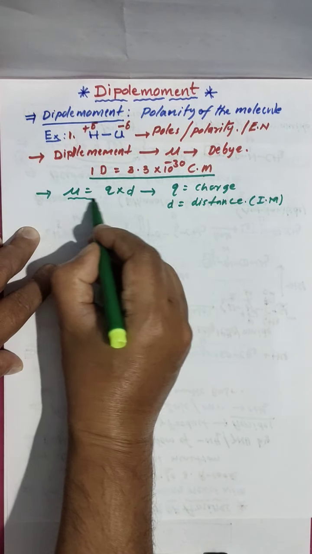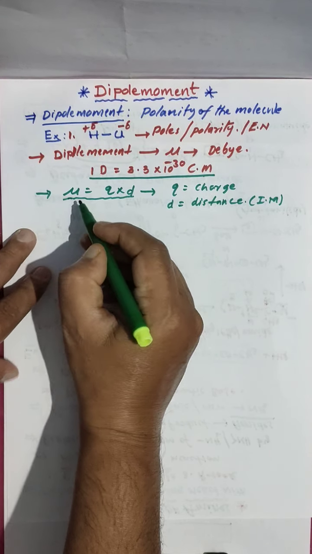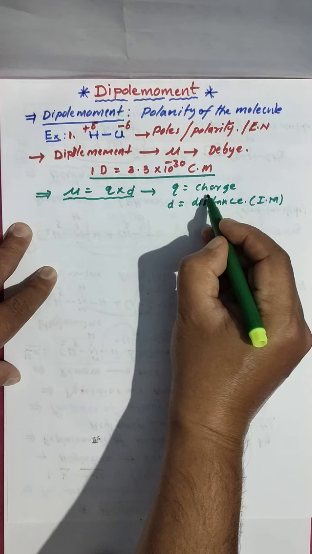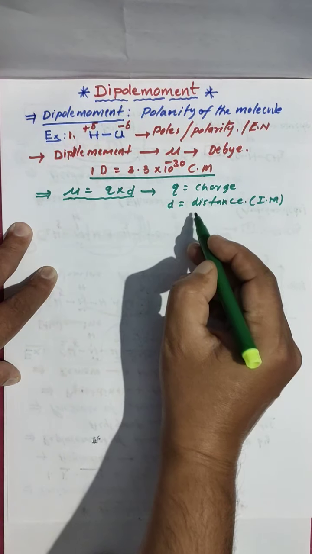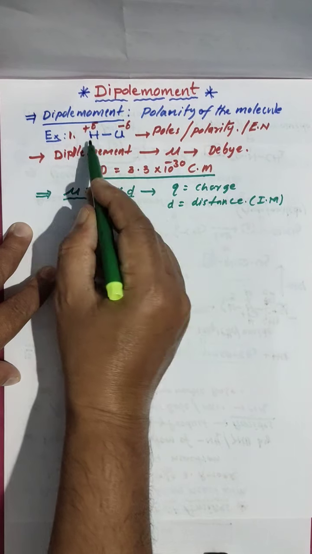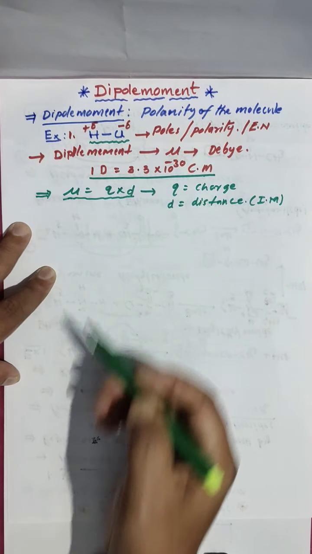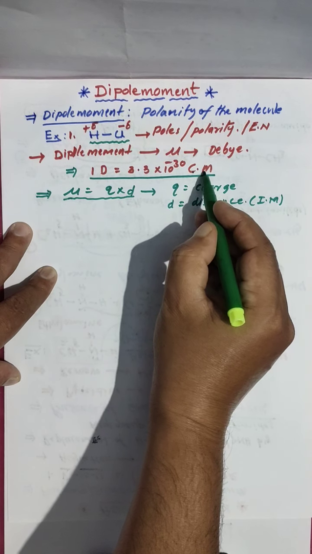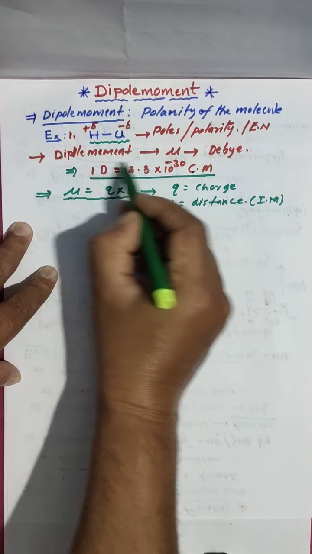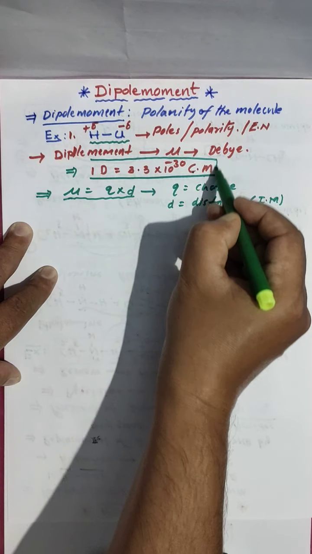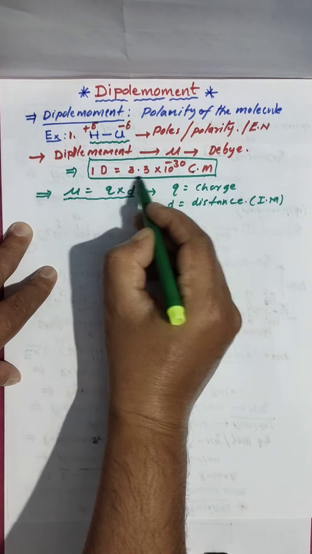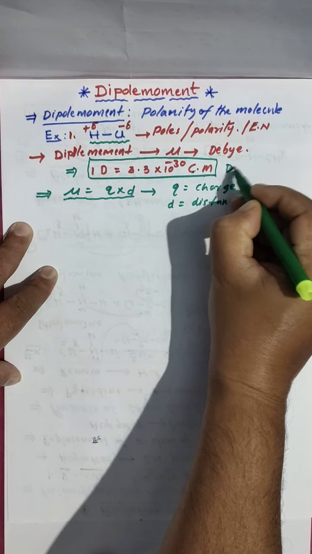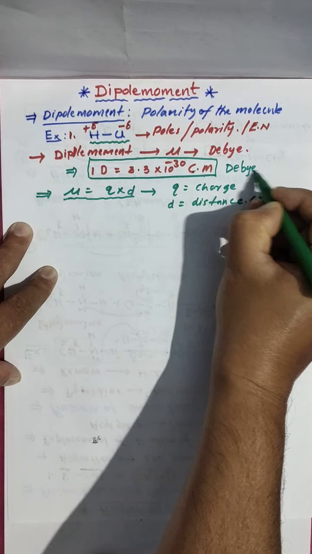So this is the formula we use to calculate dipole moment. Mu equals Q into D. Based on this, we get the unit coulomb meter. So 1 debye equals 3.3 into 10 to the power of minus 30 coulomb meter. Debye is the scientist.